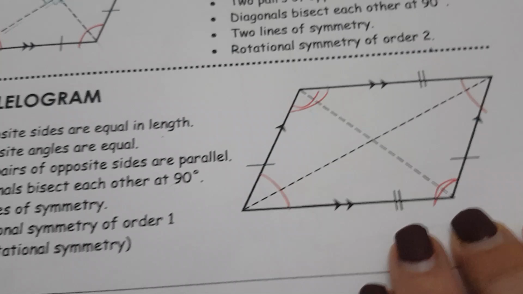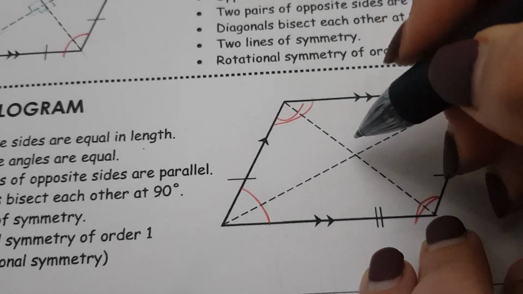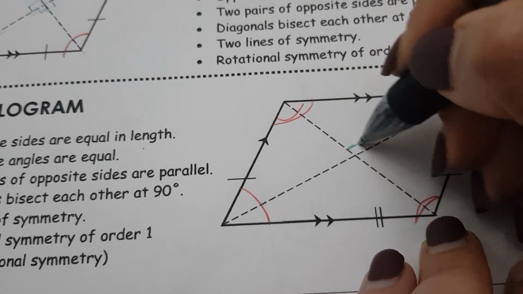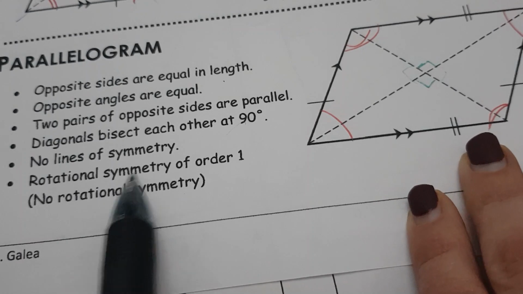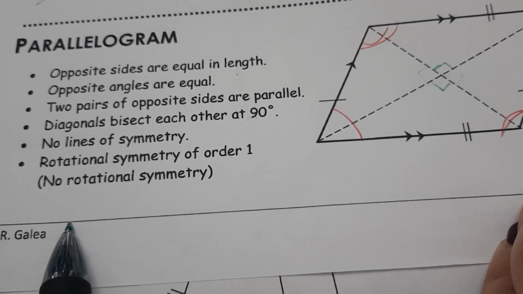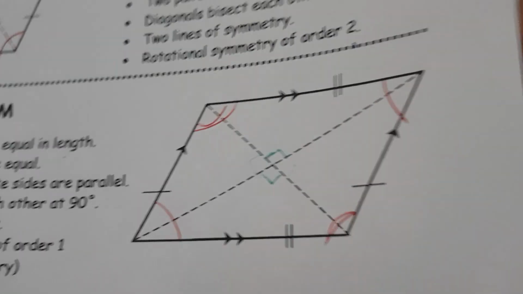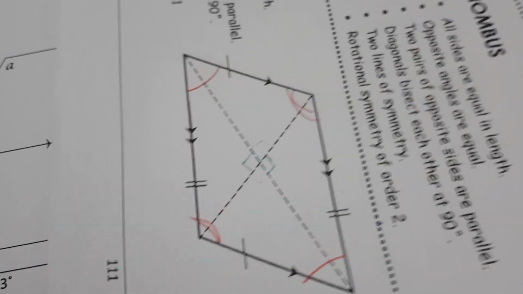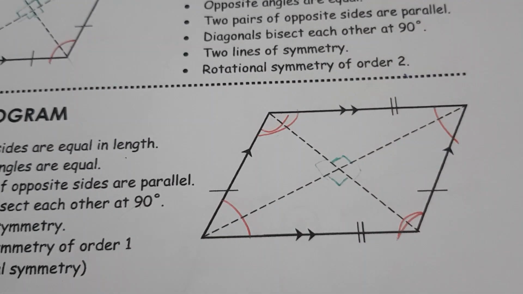No lines of symmetry, and rotational symmetry is of order 1. That means it doesn't have a rotational symmetry, just itself, okay? Because whenever we turn the page, we won't get the exact same shape as before. To get that shape, it has to be as it is now.